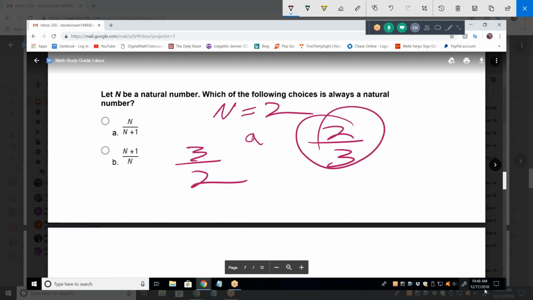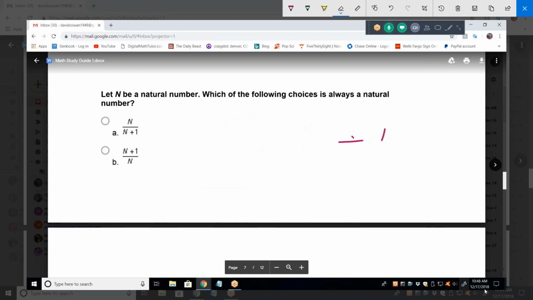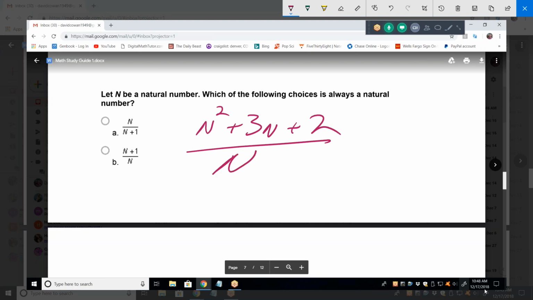Yeah, and actually I'm looking at the study guide, and it's C, which is n squared plus 3n plus 2 over n plus 1. Like that? Yep. Okay. Now, there's a couple things you can do to this. I don't have to just substitute.